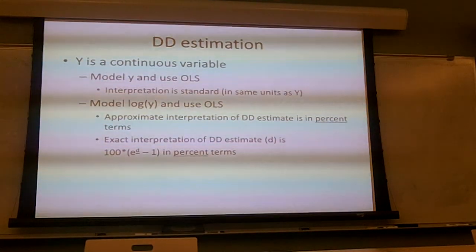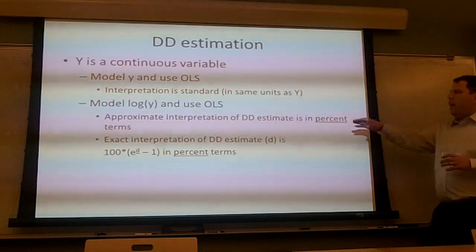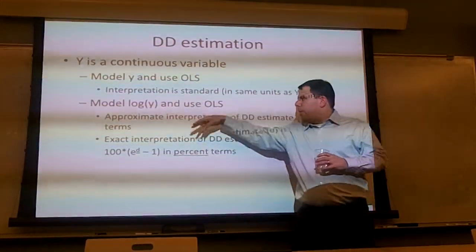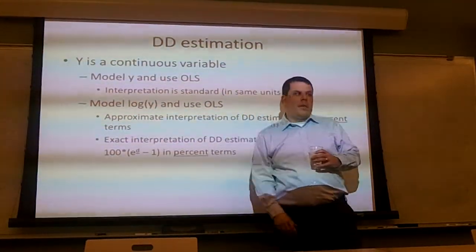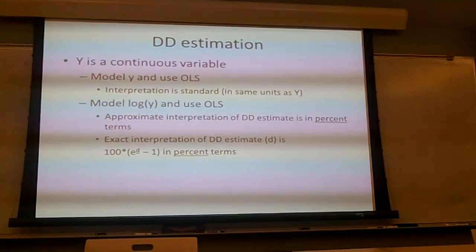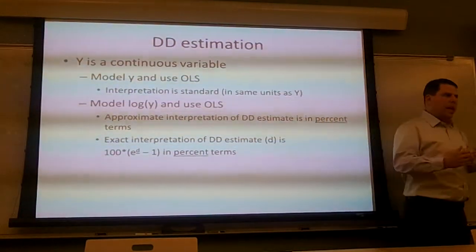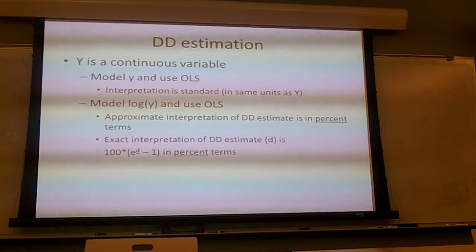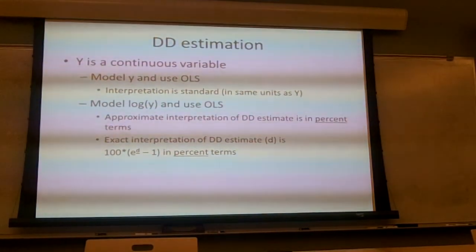Or you can get the exact interpretation: you take e to the coefficient estimate, subtract 1 and multiply by 100, and that gives you the precise effect size of the coefficient in percent terms.